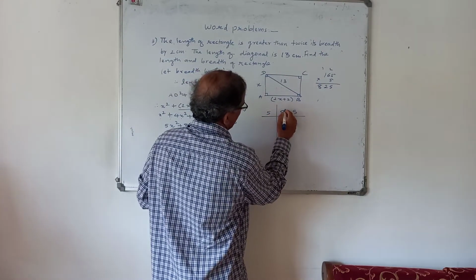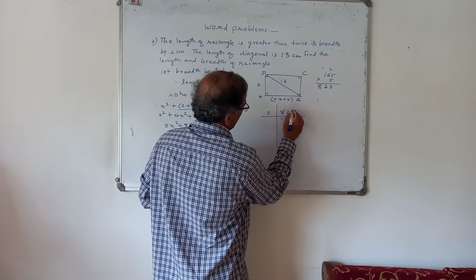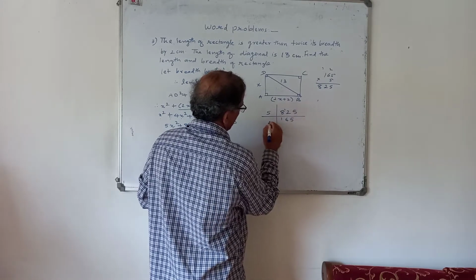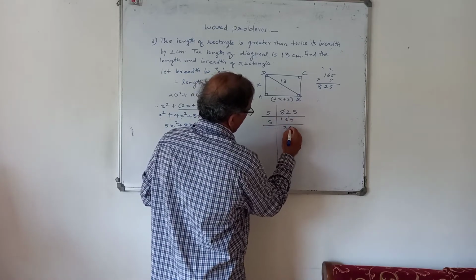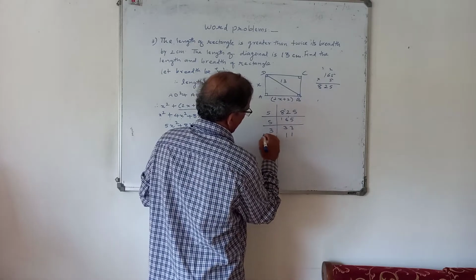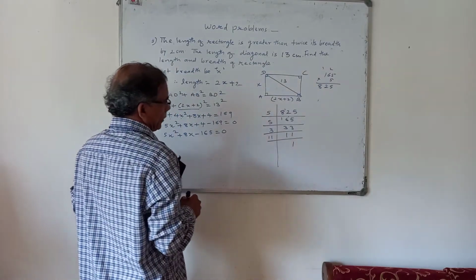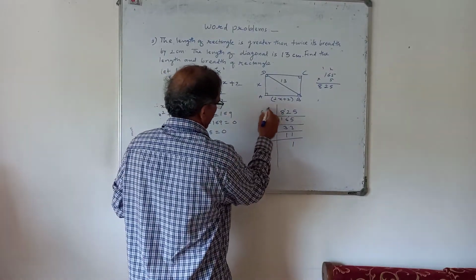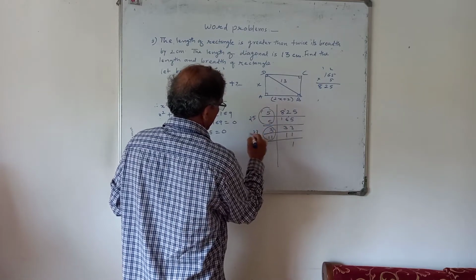165: 5 3s are 15, 5 6s are 30, 5 5s are 25... 3, 11. Now 5 5, if you group, this is 25, this is 33.